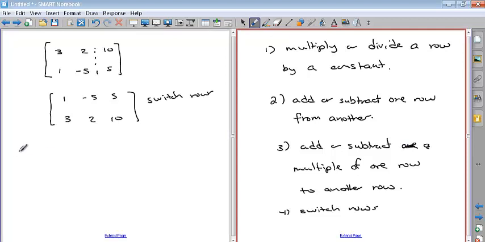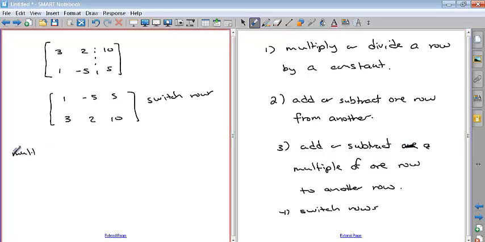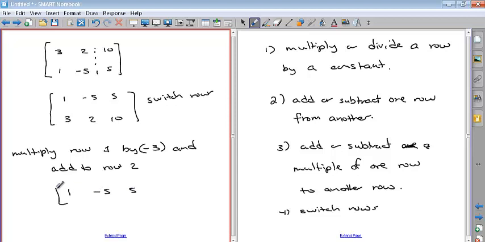So I'm going to multiply row 1 by -3 and add it to row 2. Row 1 is this. When I multiply it, it just means I multiply each term by -3.